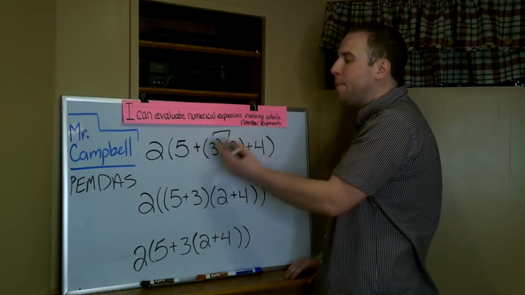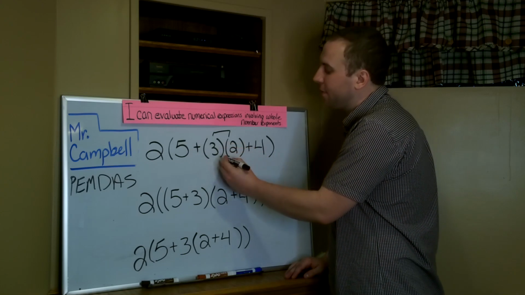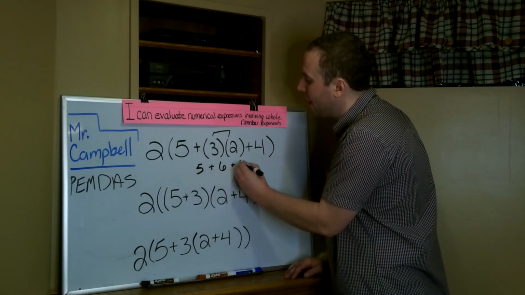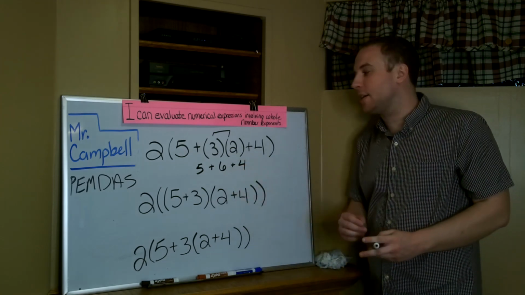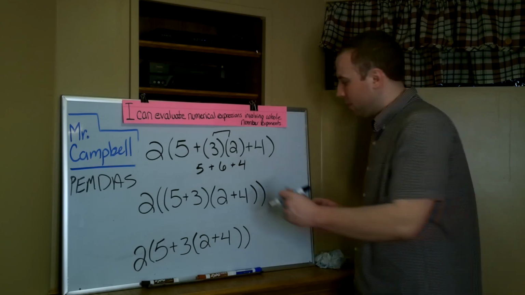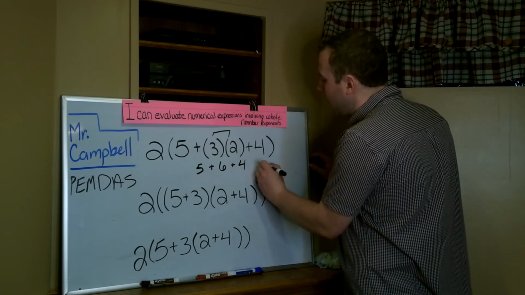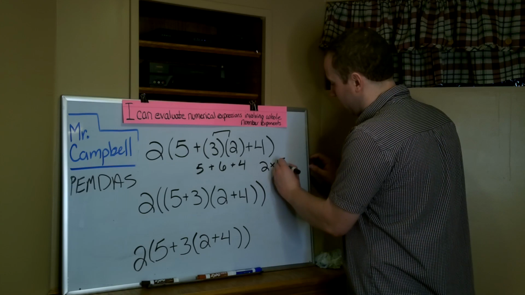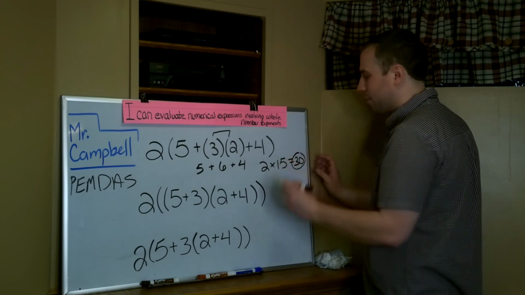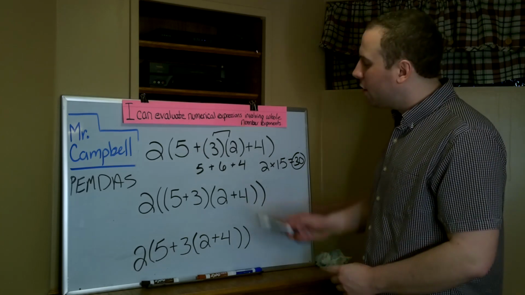So, in my parentheses, you want to do multiplication first. So 3 times 2 gives me 6. So now I'm left with 5 plus 6 plus 4, which will give me, when added together, 15. So 15 times 2 will give me 30. All right, let's look at the next problem.